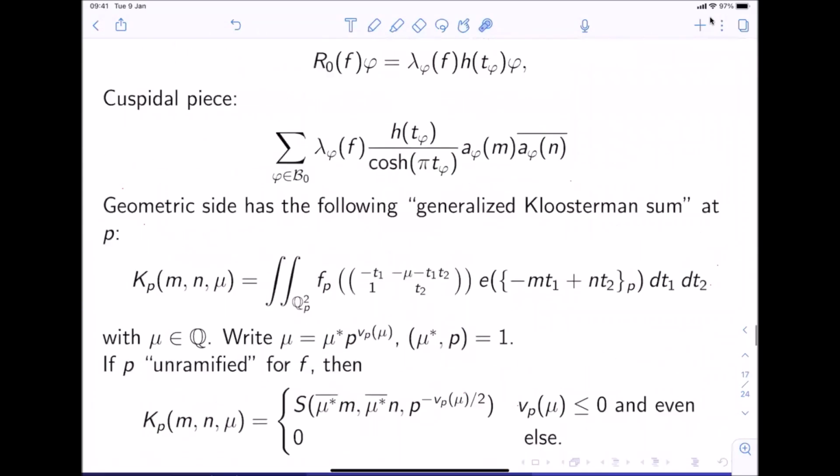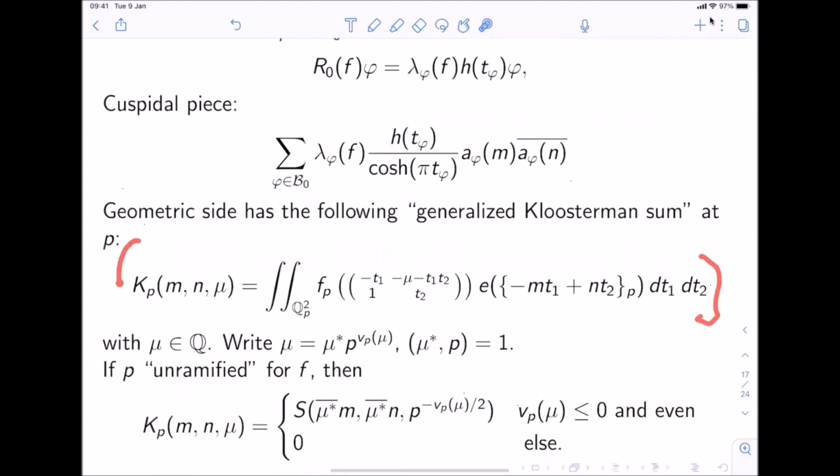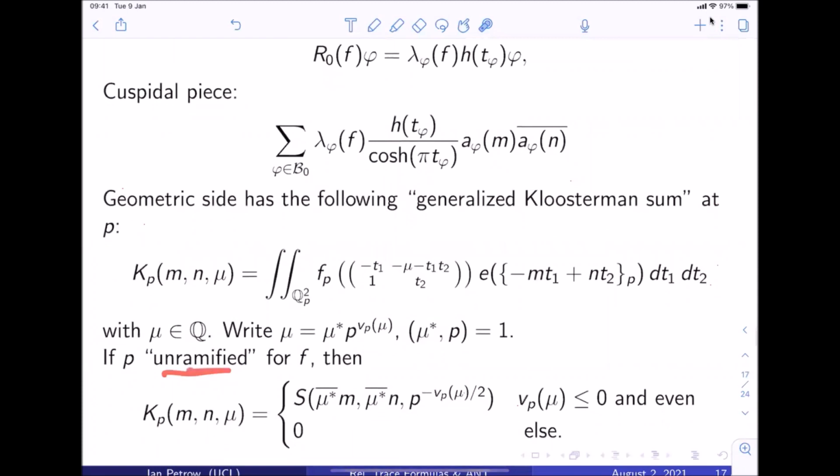Okay, so this is what the generalized Kloosterman sum at P is, and at this level of generality I've only made mild hypotheses on the test function at each place P. So if P is one of these unramified primes for F, where I've assumed I just have the maximal compact, then this KP is literally just this classical Kloosterman sum with a little bit of translation.